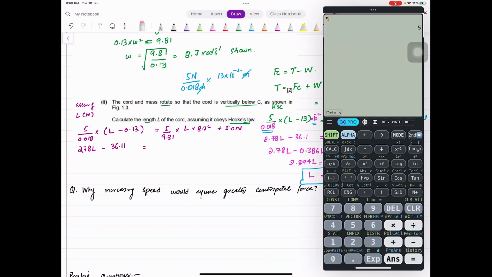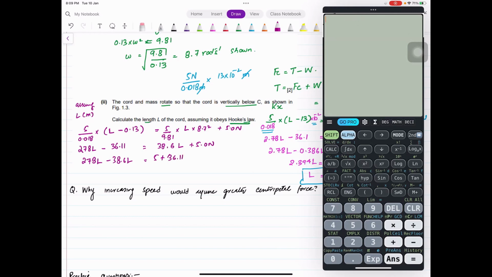Okay, 5 divided by 9.81 times 8.7 whole square, right? This comes as 38.6 length plus 5.0. Agreed? Now 278 length minus 38.6 length equals 5 plus 36.11, right?